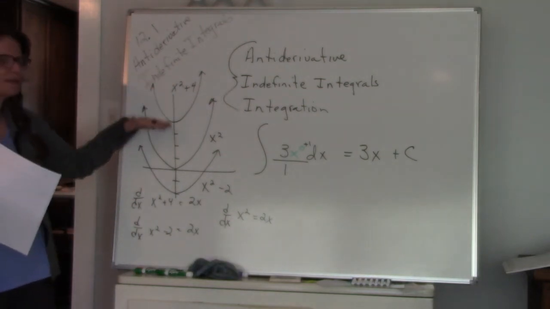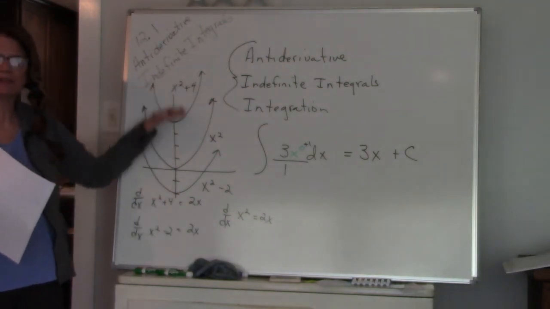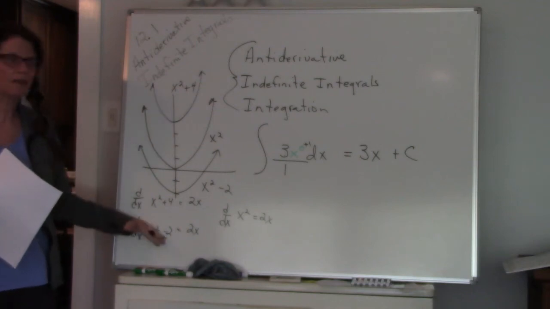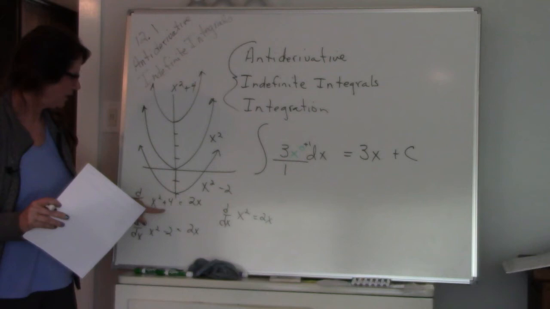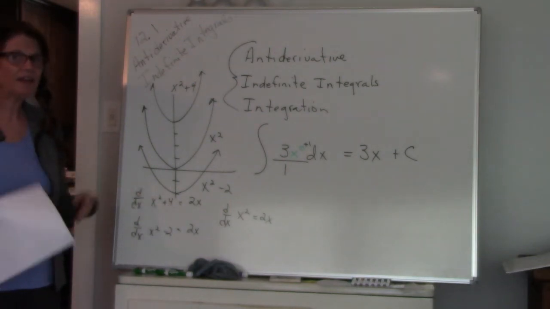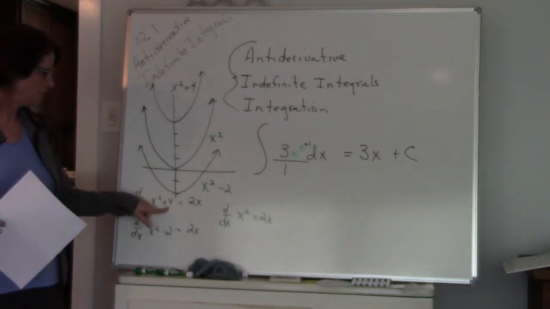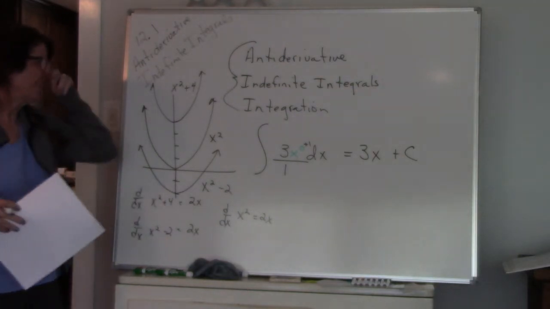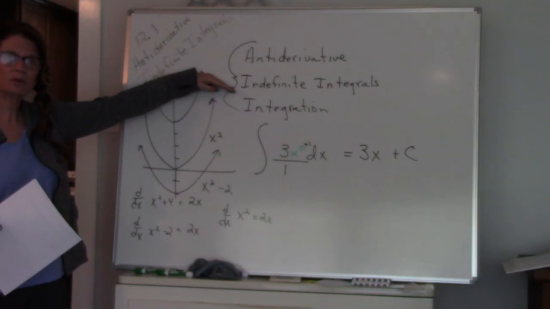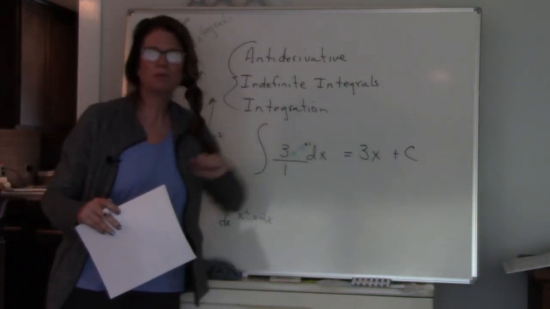So what this means is I have a whole family of functions. So this plus c is basically your constant. You're adding some constant to the function in order to show the whole family of functions. So when you are finding indefinite integrals, make sure you always put plus c.